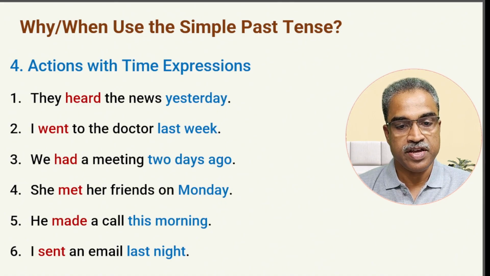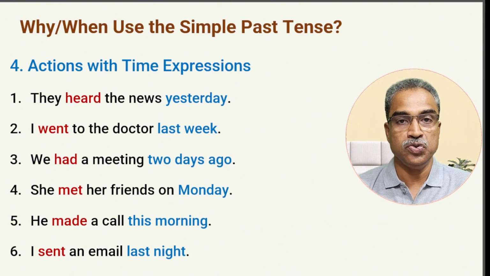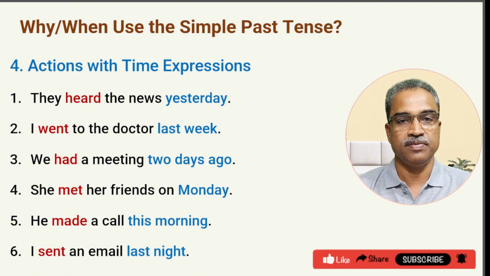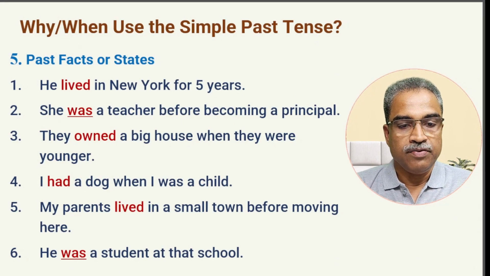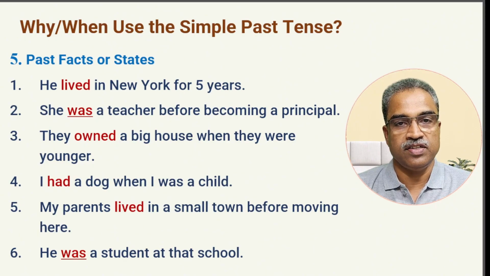So first we have yesterday, last week, 2 days ago, Monday, this morning, last night. These are time expressions. Whenever we have this kind of time expressions used in a sentence, we generally use simple past tense.